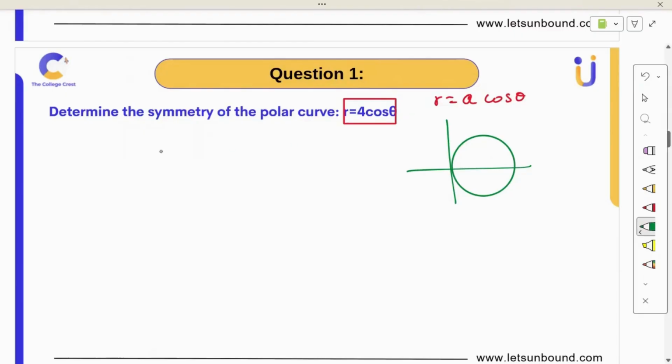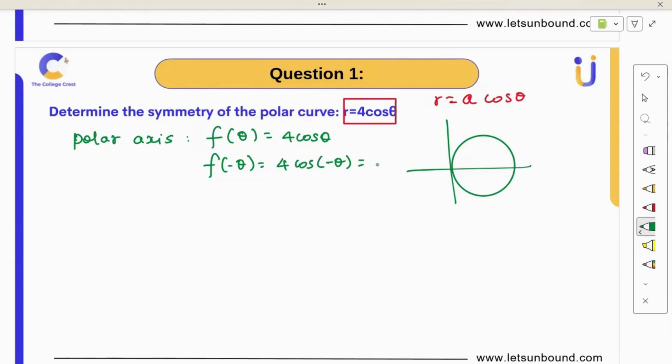So let me check the symmetry. First is polar axis symmetry. How will I do this? f of theta is 4 cos theta, and I will solve for f of minus theta. f of minus theta is 4 cos of negative theta. Negative theta is in the fourth quadrant.